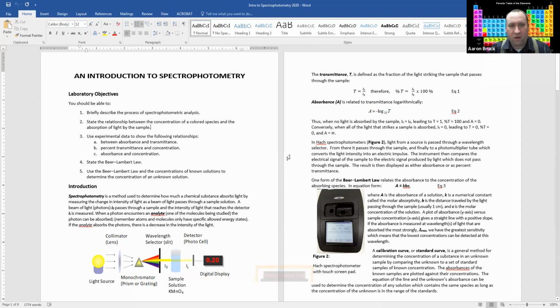And so if we look at these two measurements, the amount of light that was present initially compared to the amount of light that went through, the ratio of those two, IT over IO, would give us that transmittance.